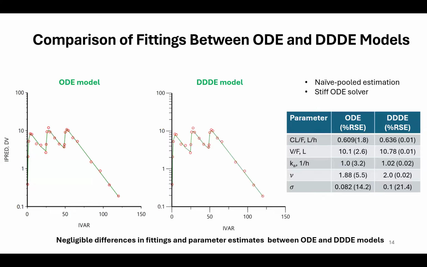So that pretty much confirms my derivations from the beginning. I used the stiff ODE solver, which I will comment on at the end of my presentation, and I used this naive pooled estimation that is available for fitting individual data in Phoenix.